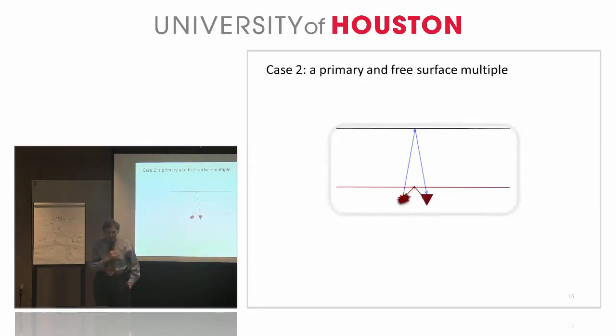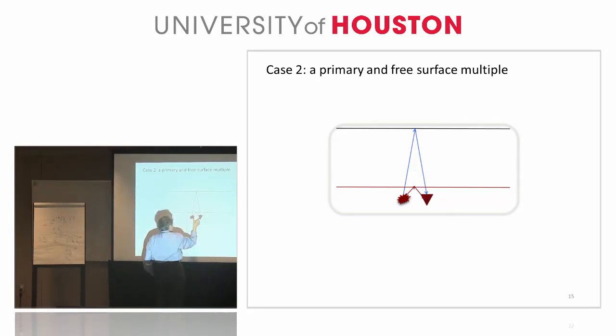Does anyone have a question on what I just said? Okay? Yes? When you go through, it's the same thing. This primary here becomes this primary, and that multiple becomes a new primary, yes, but longer in time. And so, does this experiment care about the primary and multiple original?